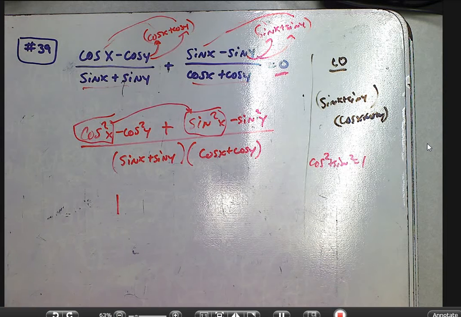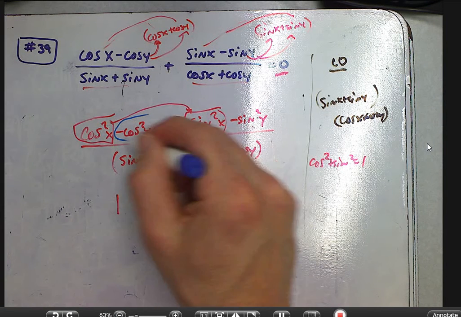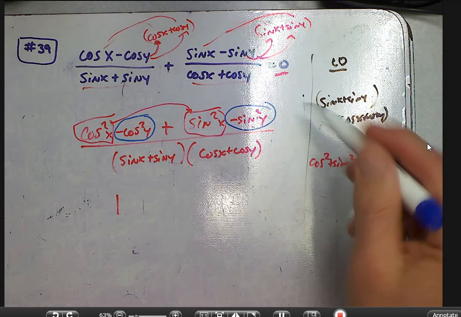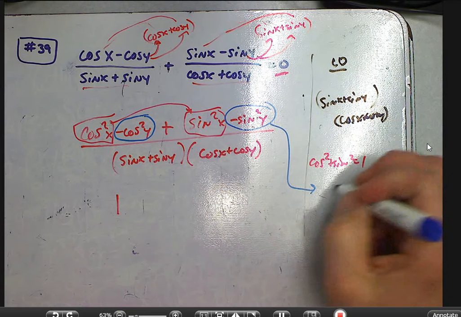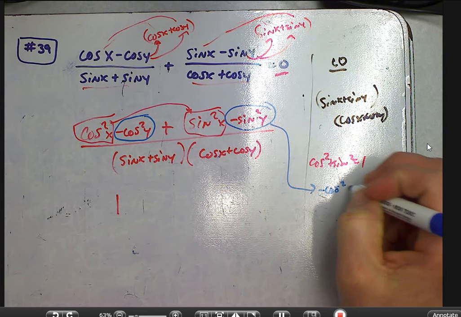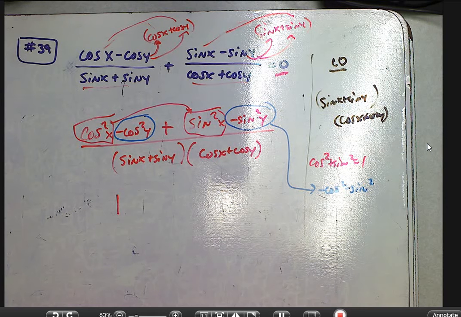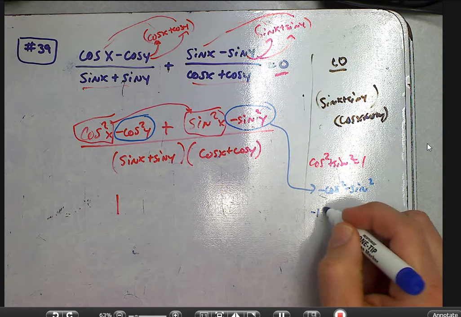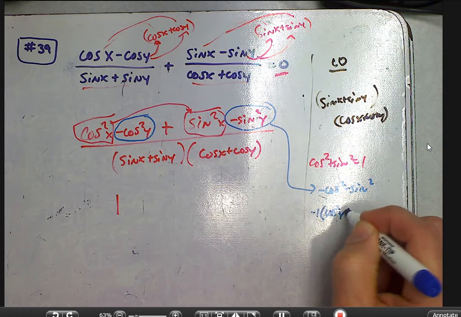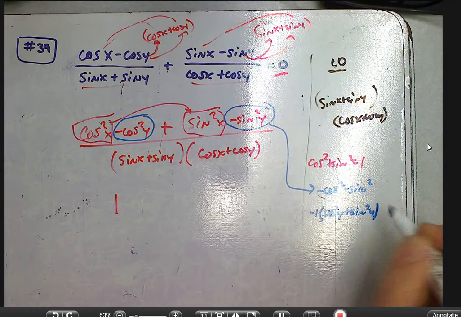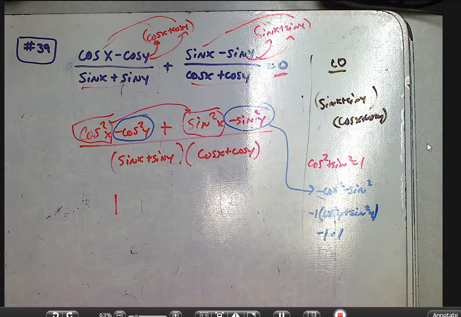And if I have negative cosine squared minus sine squared y, let's do that over here to the side real quick. Negative cosine squared minus sine squared, and they're both y's. If I factor out a negative 1, it leaves me cosine squared of y plus sine squared of y, and that equals 1. So it's negative 1 times 1, which is negative 1.